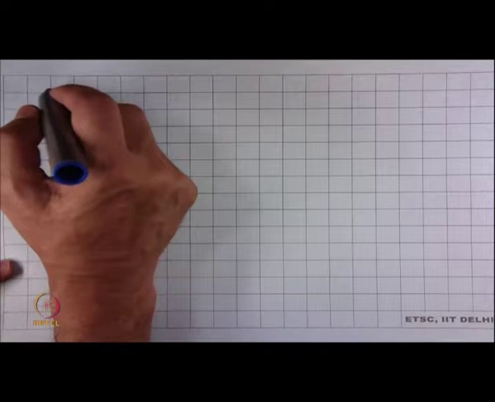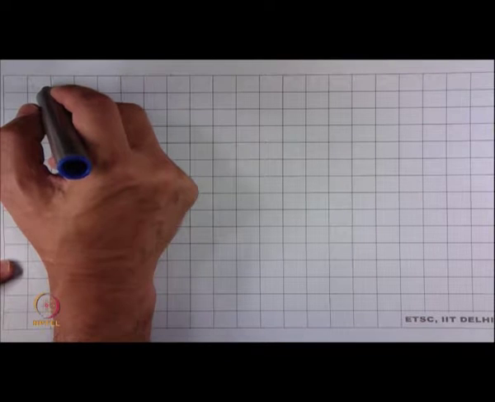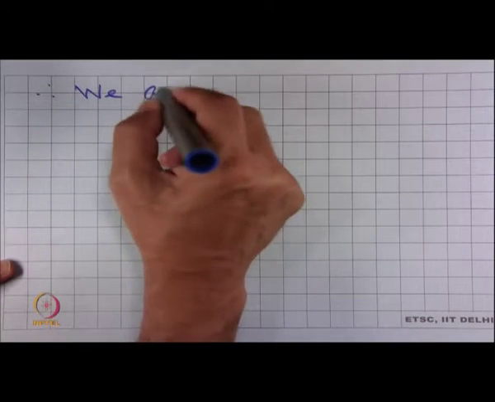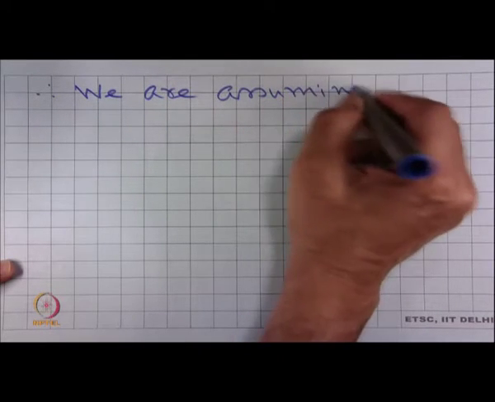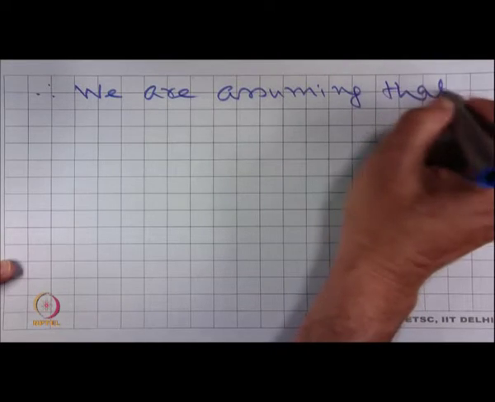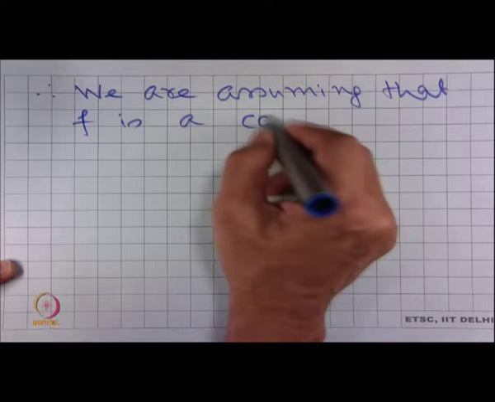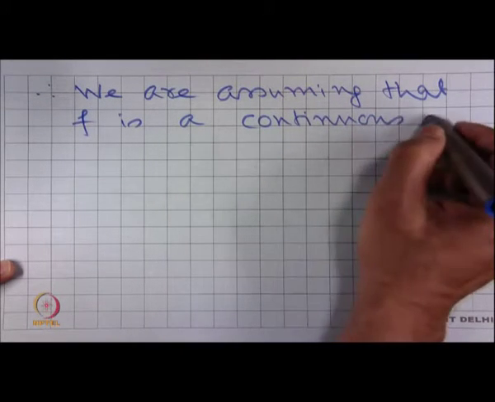So, since we are talking about PDF, we are assuming that f is a continuous distribution, continuous density function.